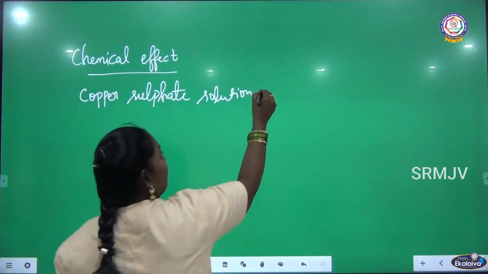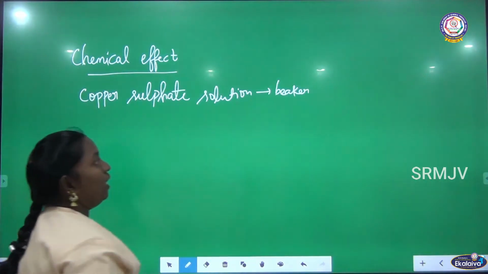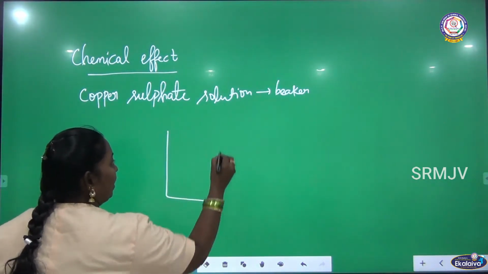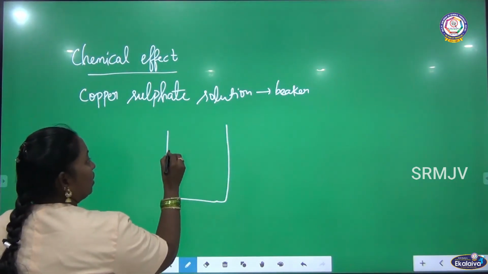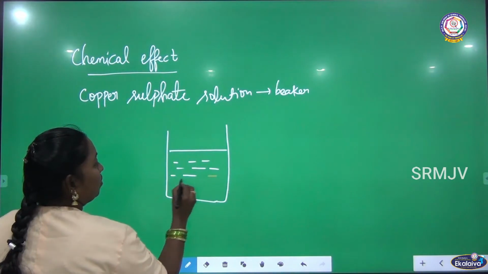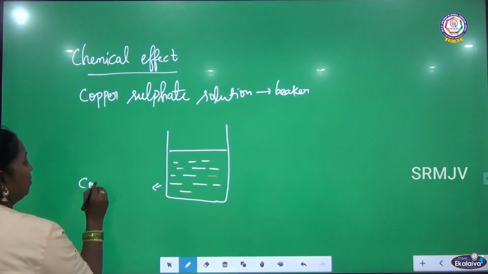It should be taken in a beaker. And in the beaker, you have to insert, now just draw a diagram, completely filled with this copper sulfate solution.